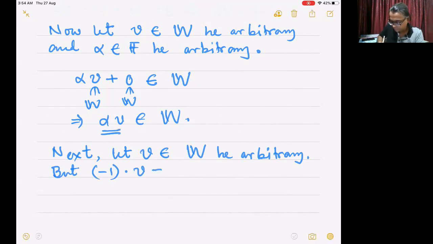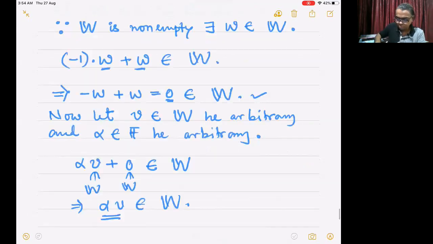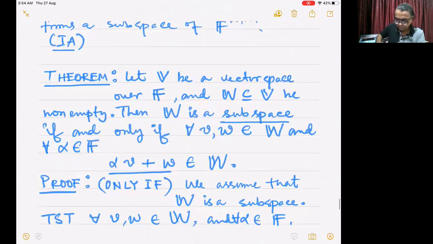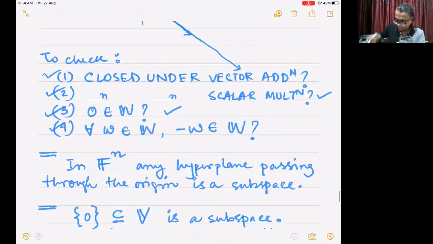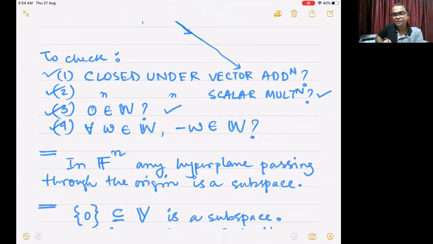This is minus V and this must belong to W, because every scalar multiple is in W. So in particular, -1 times V must also be there, which means minus V is there in W. This proves that this property is satisfied.